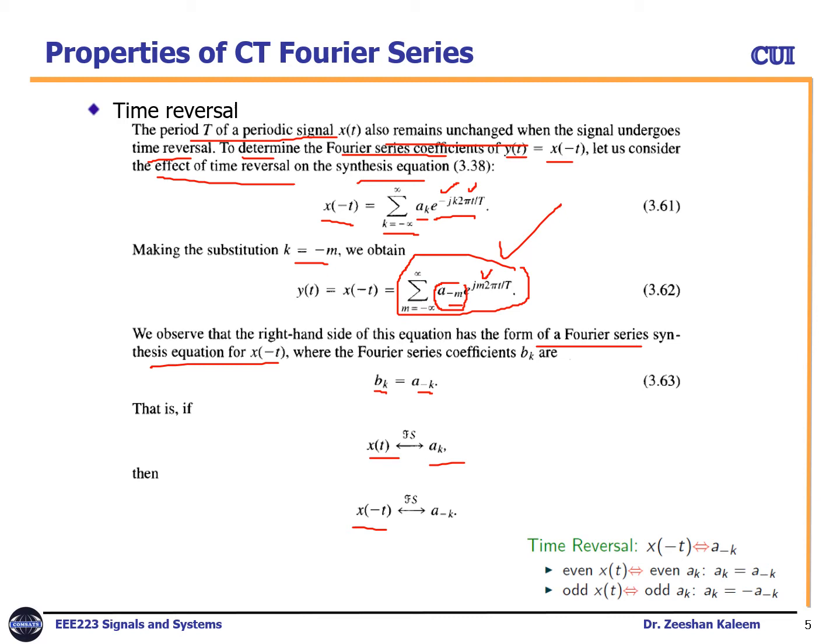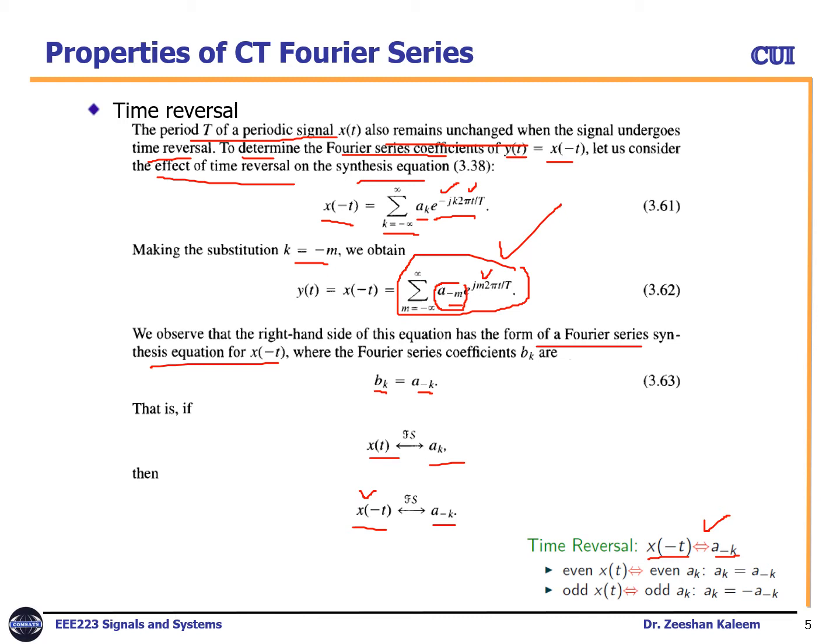So it means that when we have a time reversal of x(-t), there is a time reversal in the Fourier coefficient as well. This is the general conclusion: when we have a time reversal, you will get the reverse in the Fourier series coefficient as well.